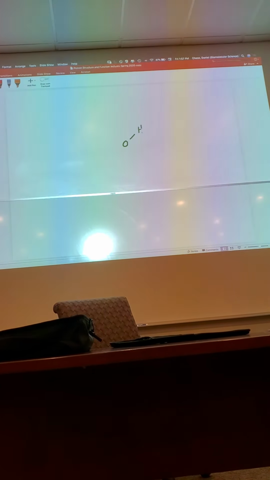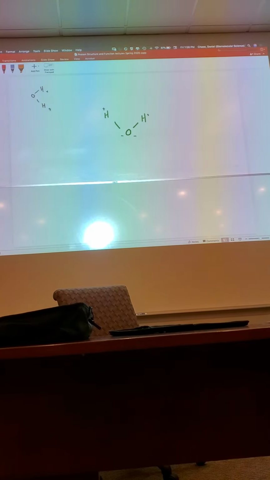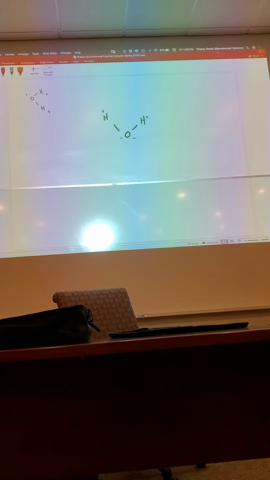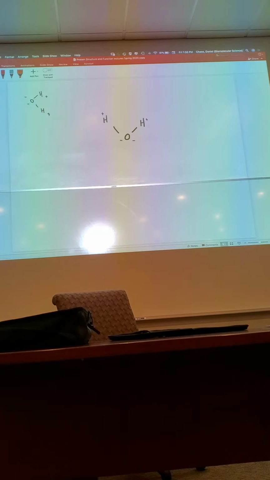If I have a water molecule now with these partial charges on it, I need a smaller pen. I'm just going to put a little plus there instead of the partial sign. It takes up too much room. Put a negative here and a negative here. Well, that's a charged molecule. Well, what if I got another one over here with a partial positive charge on these and partial negative charge here?